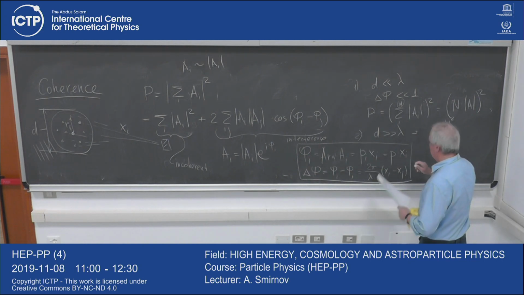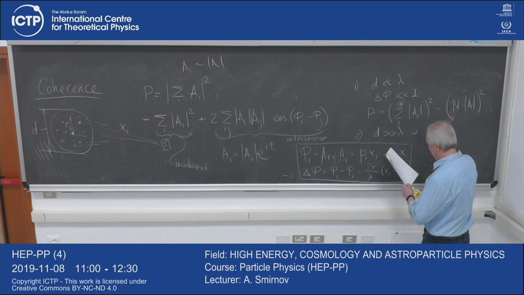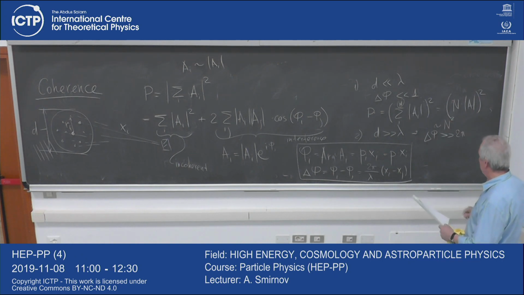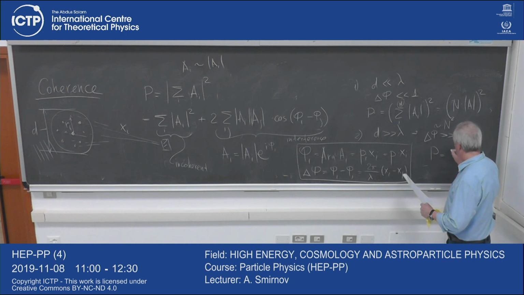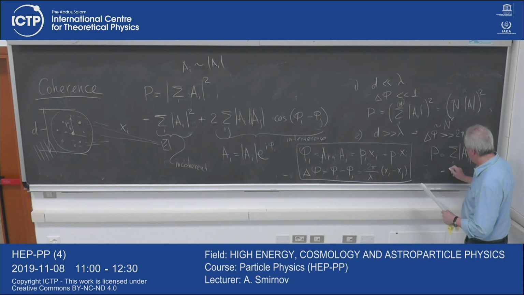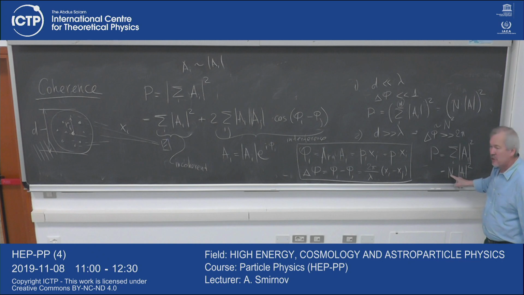In such a situation, the phase differences, delta phi, are much bigger than 2 pi, and they randomly change. In this case, p will be given by the sum of the amplitudes squared. So if the amplitudes are the same, I will get n multiplied by the modulus of a squared. So in such a situation, the effect will be proportional to n, the number of scatterers, not n squared.